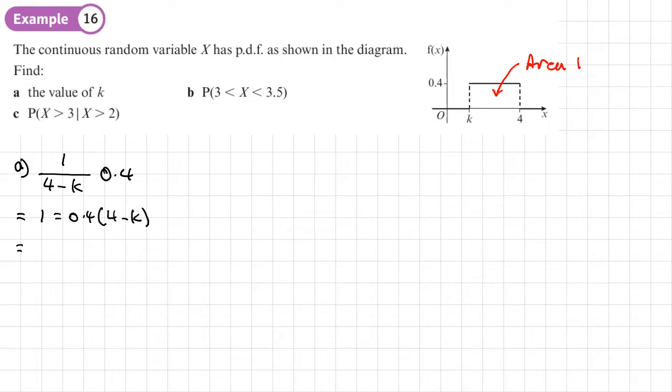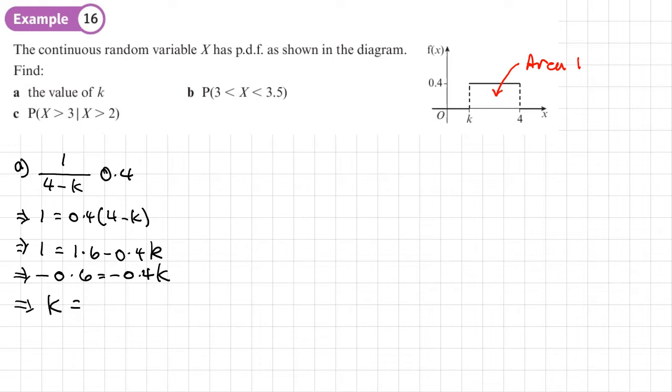That will give us 1 equals 1.6 minus 0.4k. Take away 1.6 from both sides, so we've got negative 0.6 equals negative 0.4k, and then from there divide both sides by negative 0.4, and k is equal to 3 over 2, or 1.5.